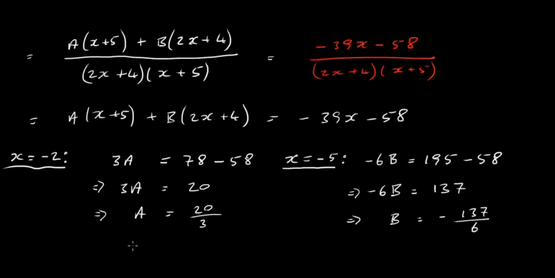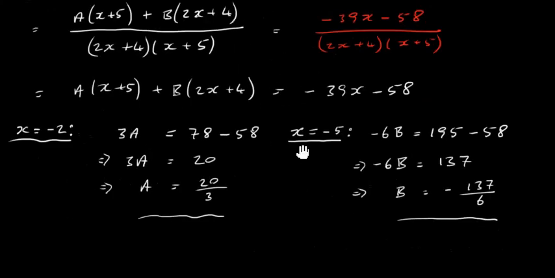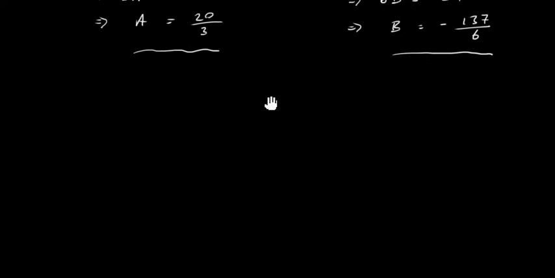Okay, so now I have my one value for a, one value for b. So all I've got to do now is put them into these two fractions here. So I'm going to write these down again with a and b substituted in.